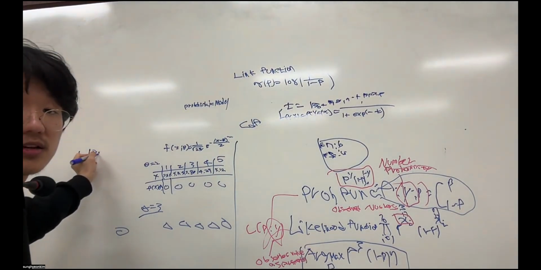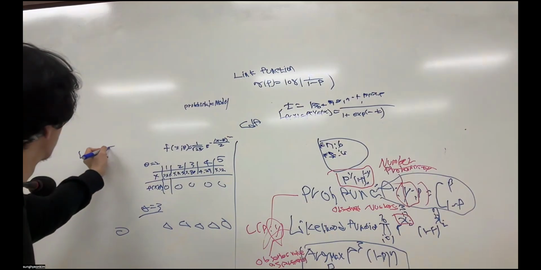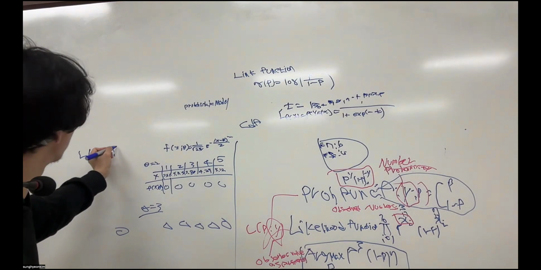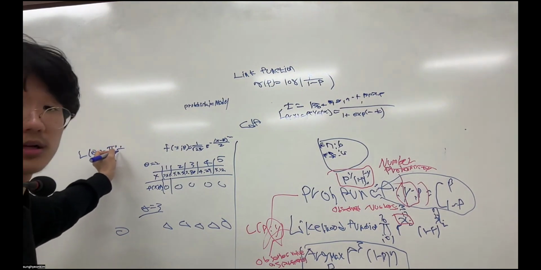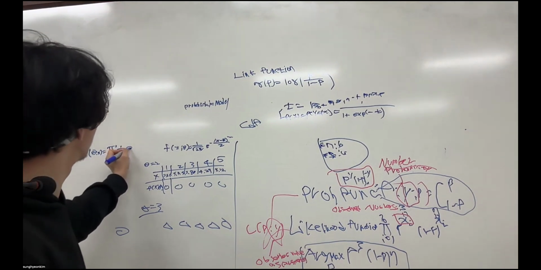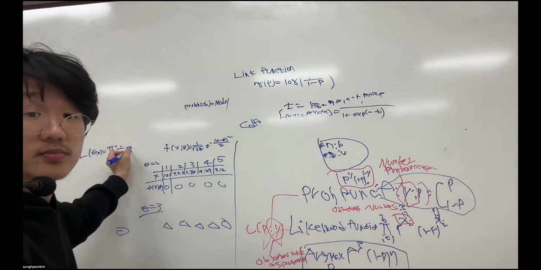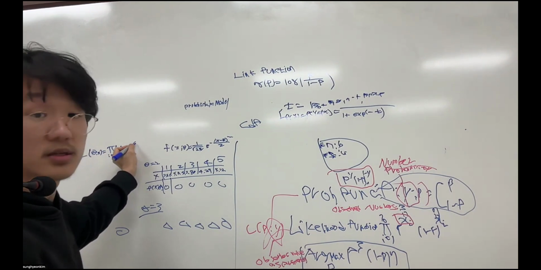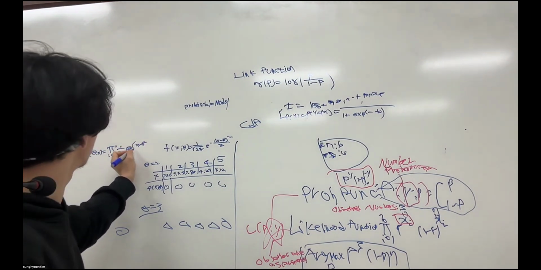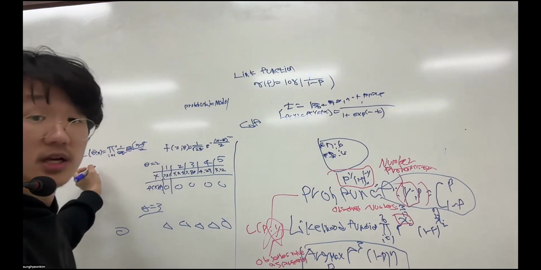It will be the product from i equals 1 to n of 1 over root 2 pi e to the minus xi minus theta squared over 2.